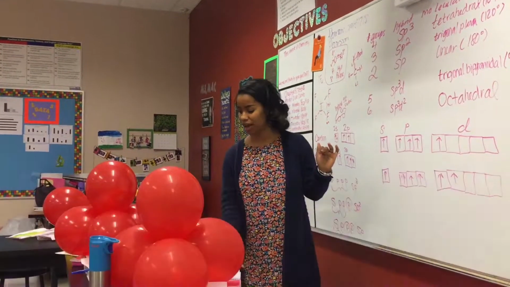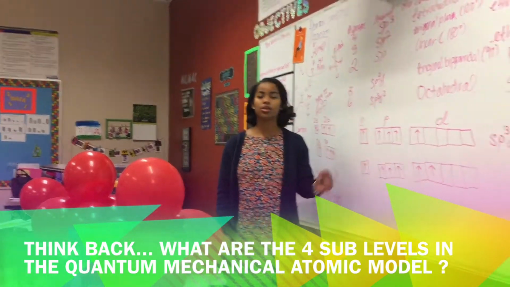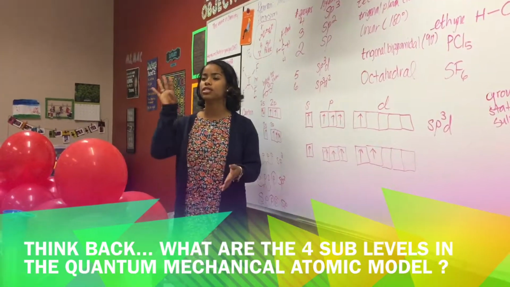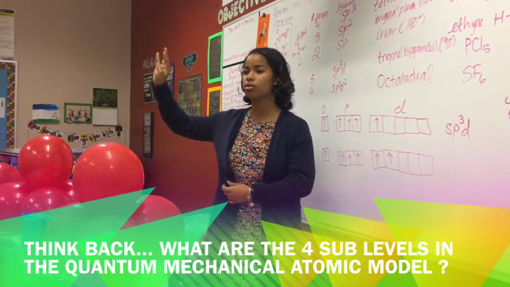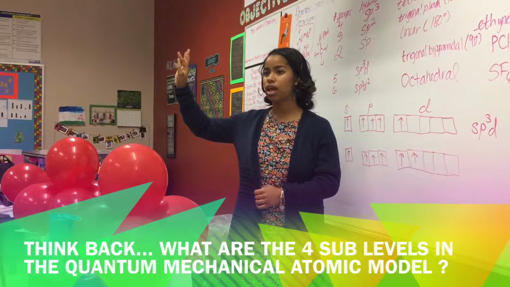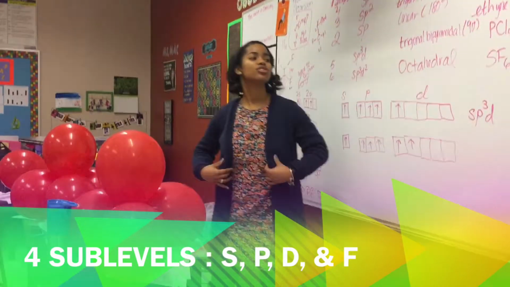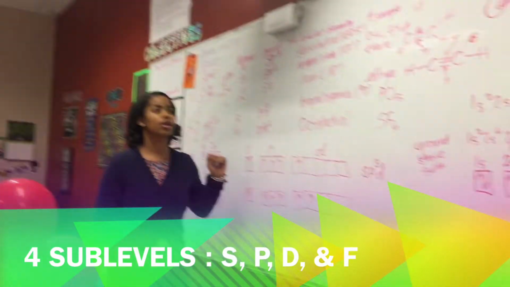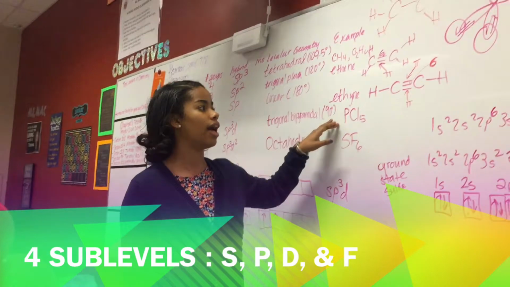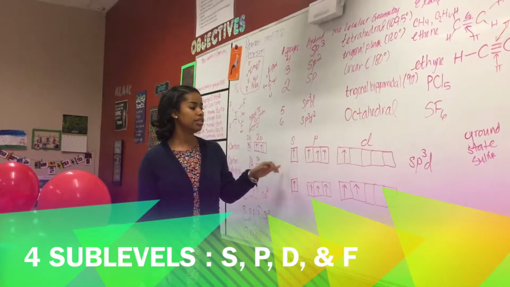No. Okay. It turns out that I can actually go farther with this. We learned about the 4 different sublevels when we talked about electron arrangements in the quantum mechanical model. What were those? S, P, D, and F. So what would happen if I had 5 things attached to my central atom? If I had phosphorus pentachloride, this is what it would look like.